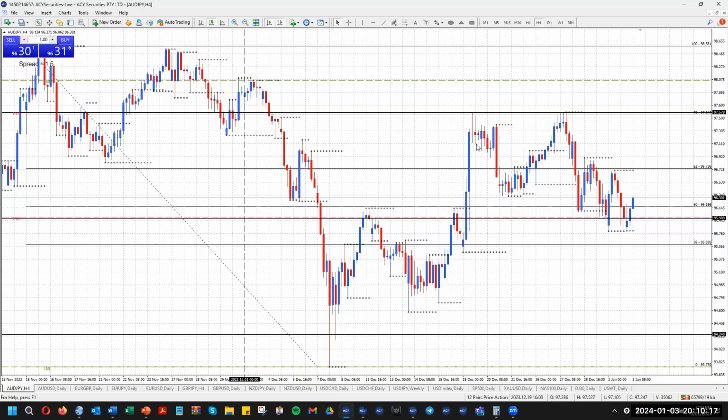Now from a 4-hour entry technique, you could have entered on the break of the first 4-hour candle from the rejection, which would have been, there's an inside one here, so it's probably here. And you put your stop above the high.